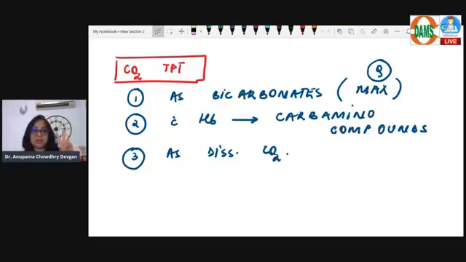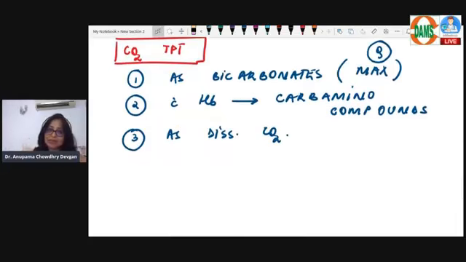Oxygen is transported in two ways, with hemoglobin and as dissolved oxygen. We've discussed this last time. CO2 is transported in three ways. Maximum as bicarbonates, number two with hemoglobin, and number three as dissolved CO2. But one thing that you have to understand is CO2 is a much more soluble gas.